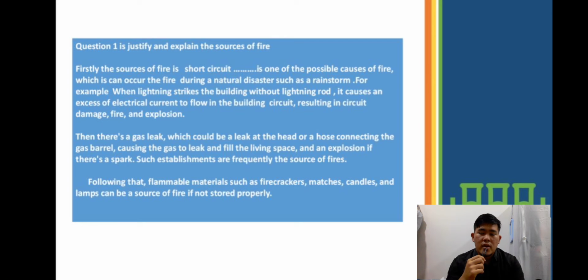For example, when lightning strikes a building without a lightning rod, it causes an excess of electrical current to flow in the building circuit, resulting in circuit damage, fire, and explosion.